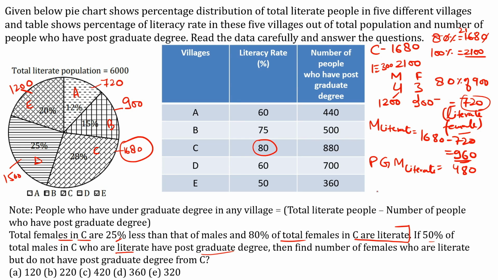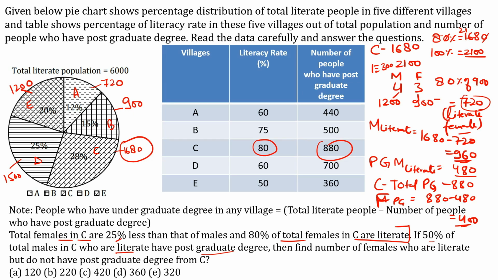So guys, see, now what we have in C, total postgraduate we have 880, okay. Male postgraduate we have 480. So obviously we can find female postgraduate: 880 minus 480. So this will be 400.